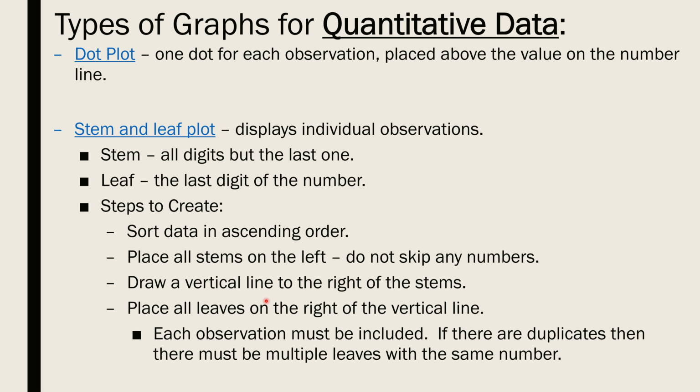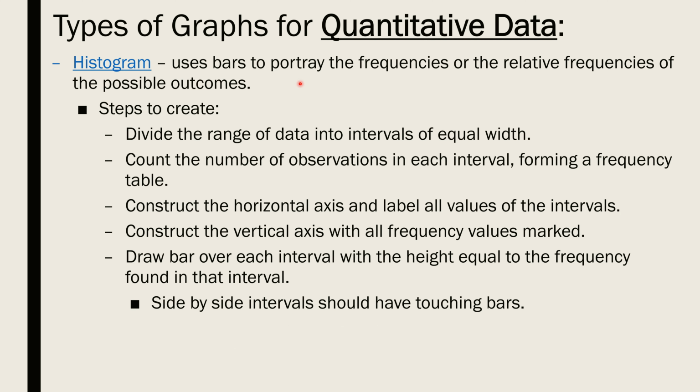Draw a vertical line to the right of the stems. Last, place all leaves on the right of the vertical line. In this step, each observation must be included. If there are duplicates, then there must be multiple leaves with the same number. We can use histogram to represent quantitative data.